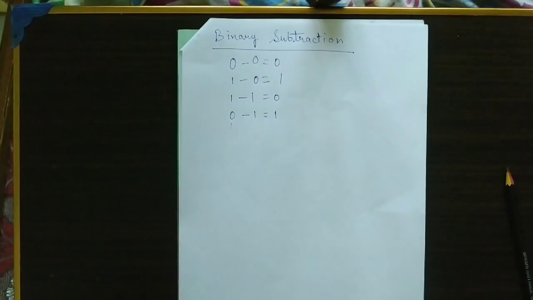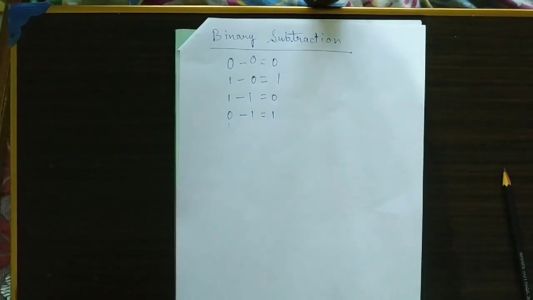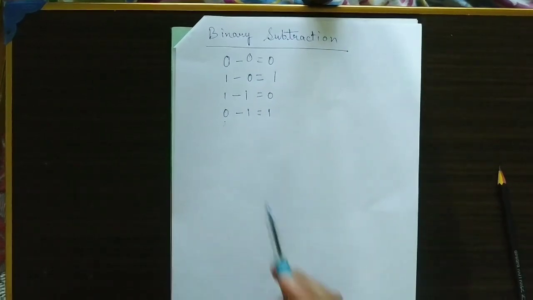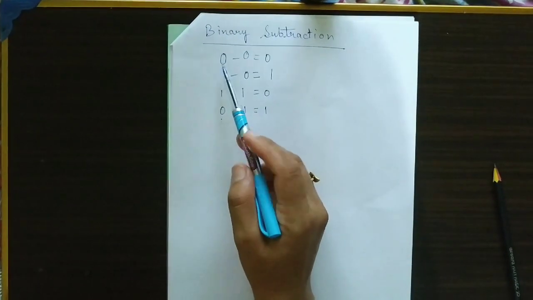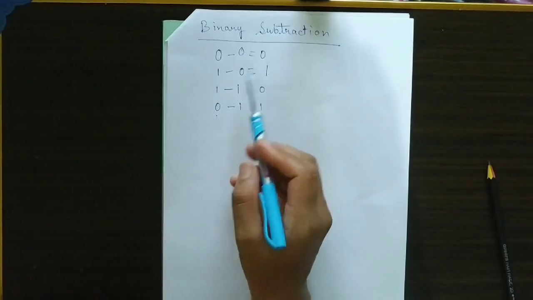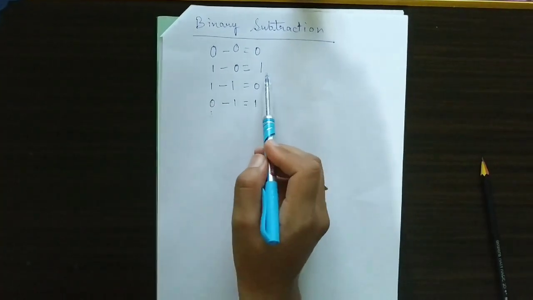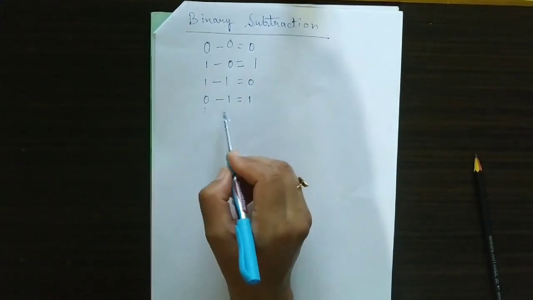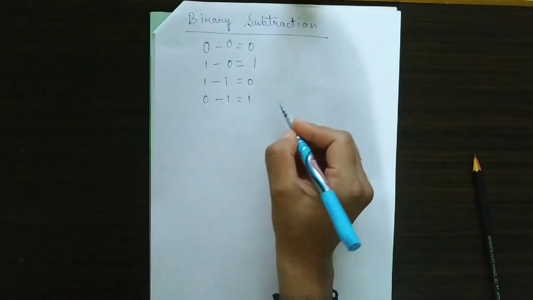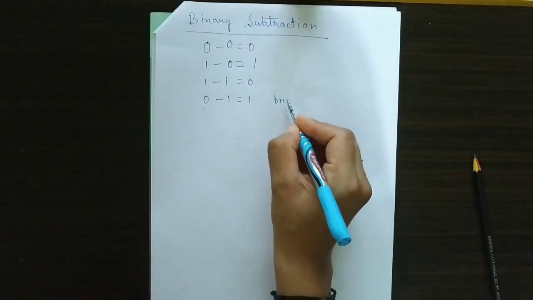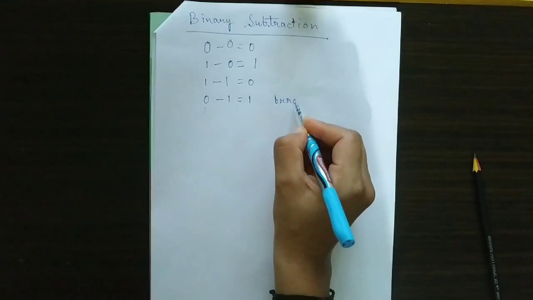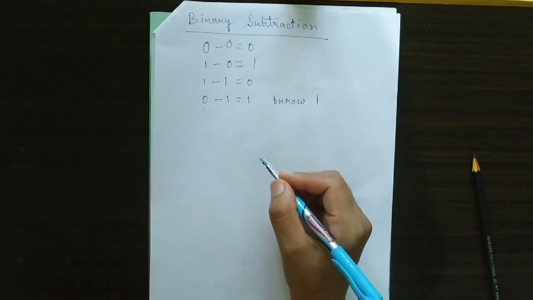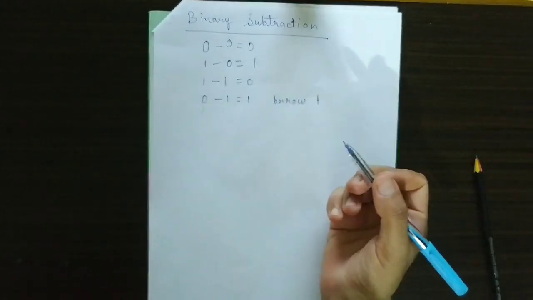Now we will learn binary subtraction. Subtracting one binary number from another. In subtraction, 0 minus 0 is 0, 1 minus 0 is 1, 1 minus 1 is 0, but 0 minus 1 is 1, and also it will borrow 1 from the left bigger number.